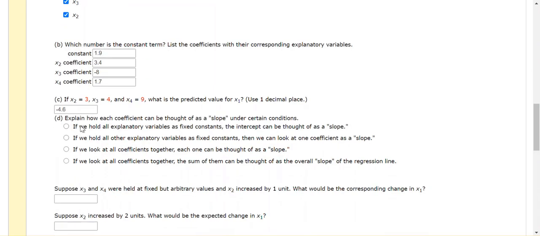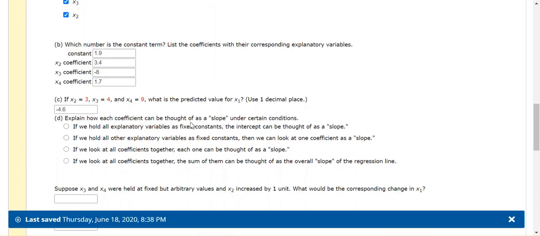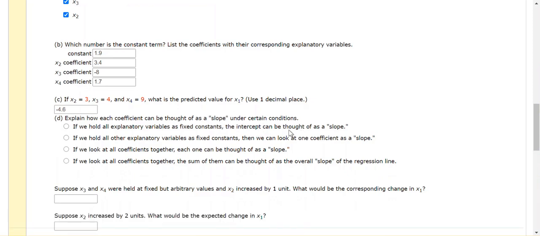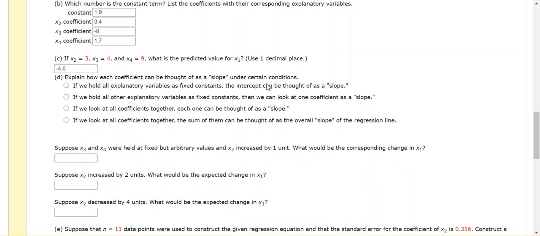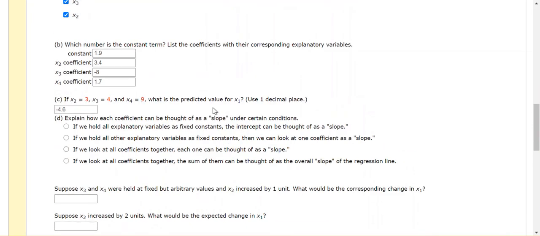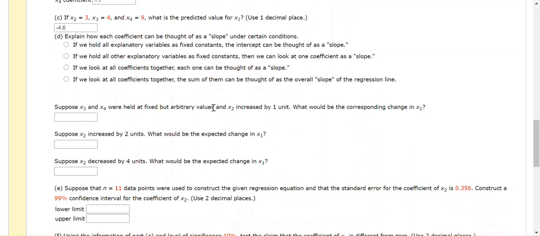Part D says, explain how each coefficient can be thought of as a slope under certain conditions. I'll let you think about that answer yourself, but remember that a slope of a line is the rate of change. If we hold certain things fixed, then basically I just take them out of the equation.